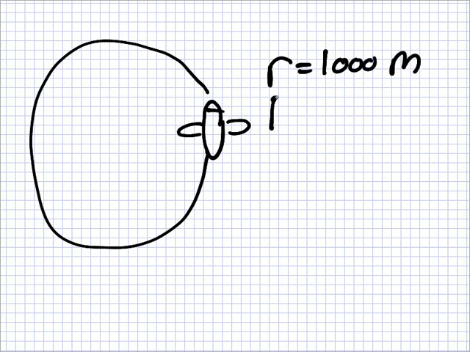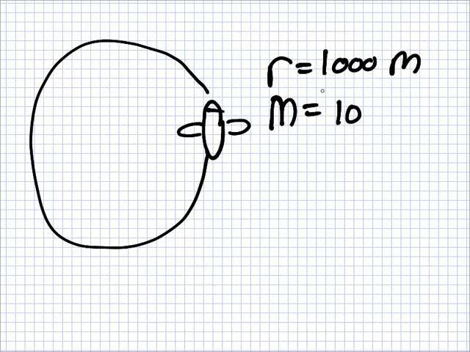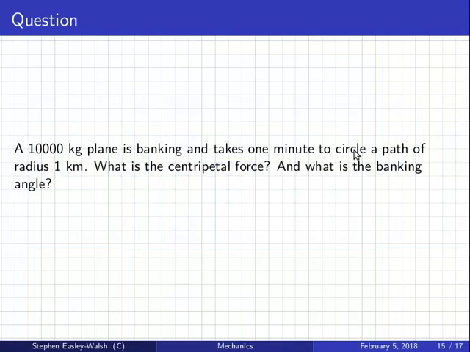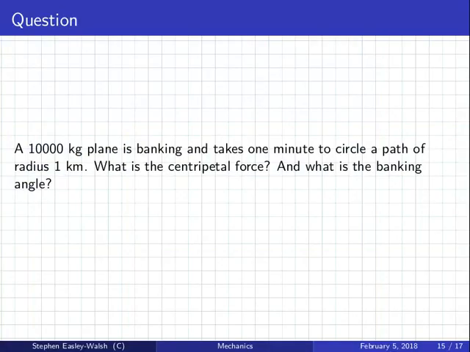And the mass is 10,000. So that's 10 to the 4 kilograms. And we also know that the time is 60 seconds. So this is everything we know, isn't it? Yeah.